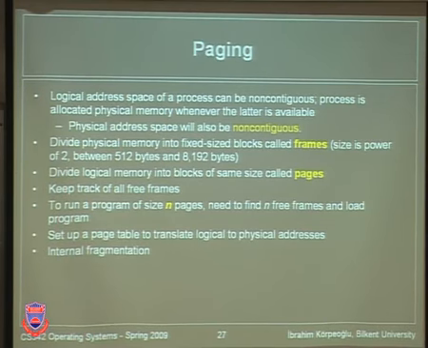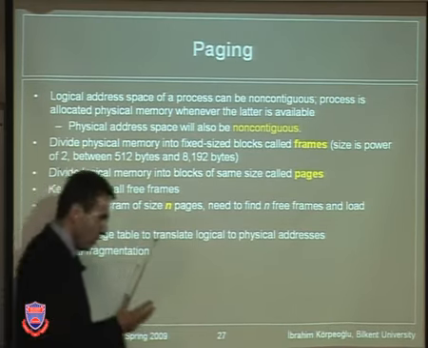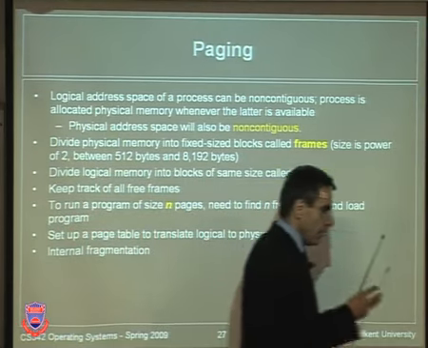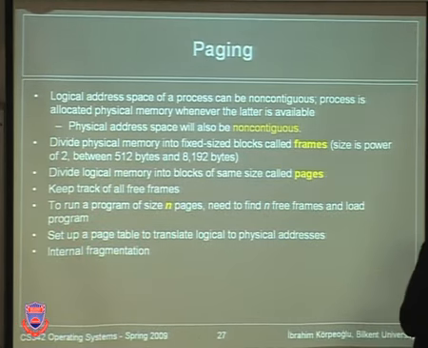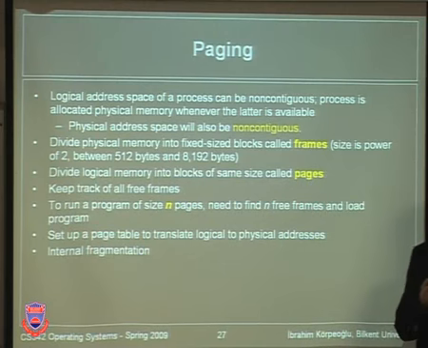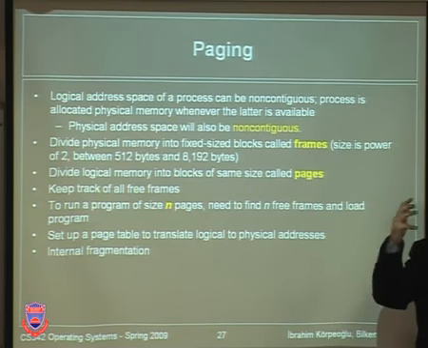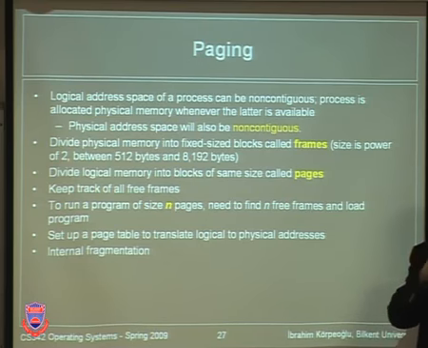Also, paging allows the logical address space and physical address space of a program to be non-contiguous. With paging, the physical memory allocated to the process does not have to be contiguous.